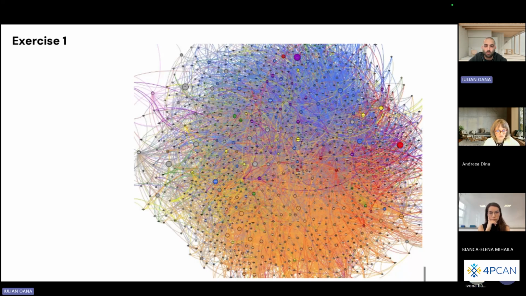Yep. So this is the common hairball problem, right? This is what people refer to when they say that your network is a hairball.